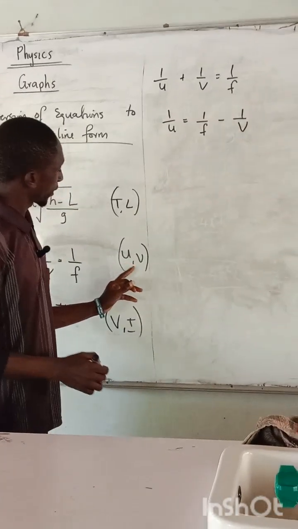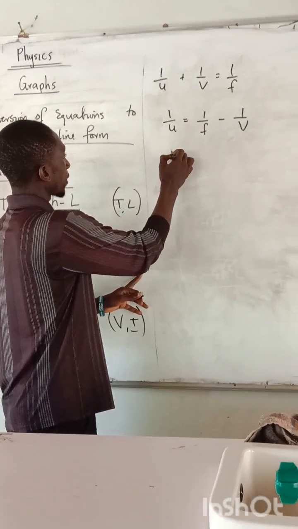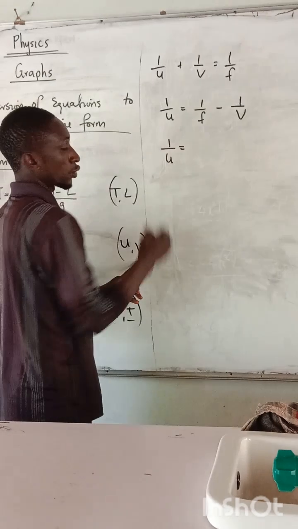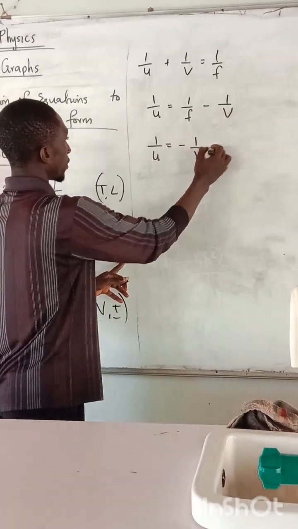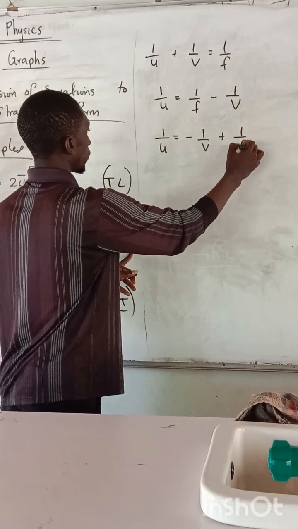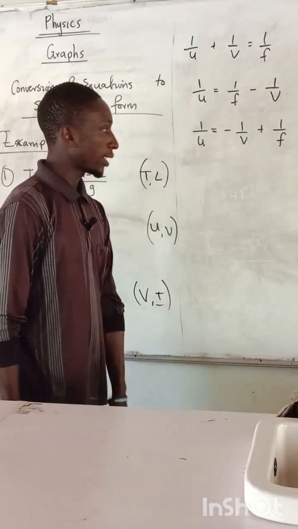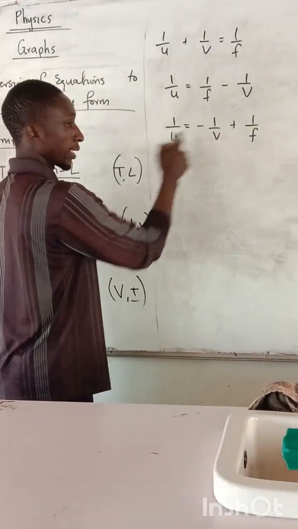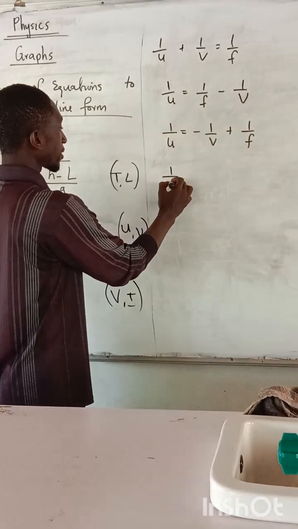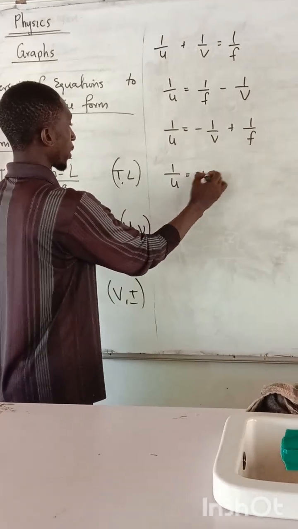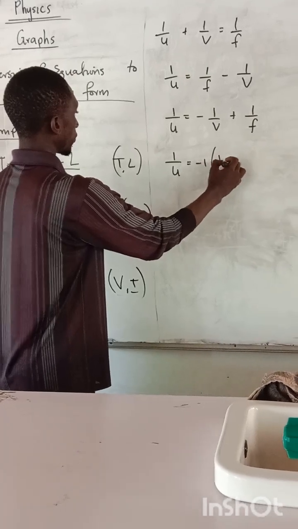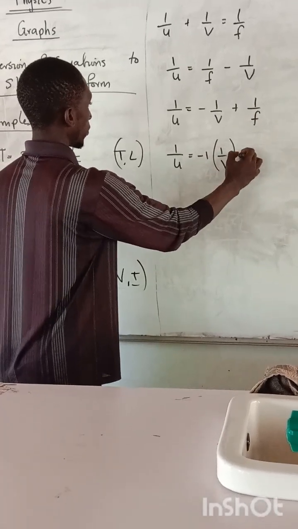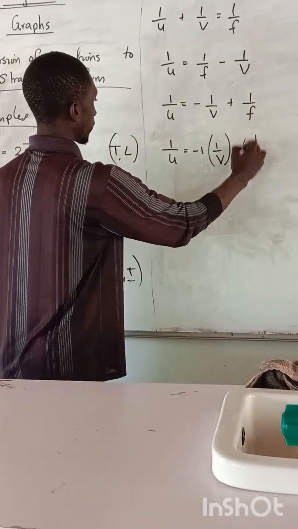But we are plotting u against v. So we're going to have 1 over u is equal to, you rearrange, you bring this to the other side, you have minus 1 over v plus 1 over f. We can equally write this as 1 over u is equal to minus 1 times 1 over v plus 1 over f.